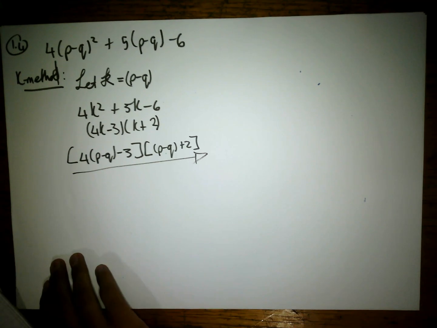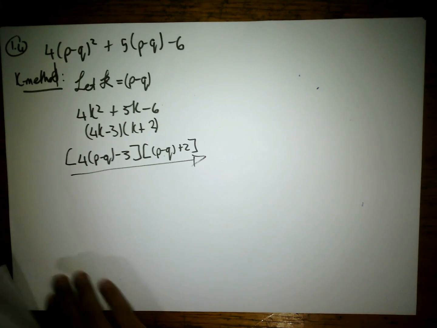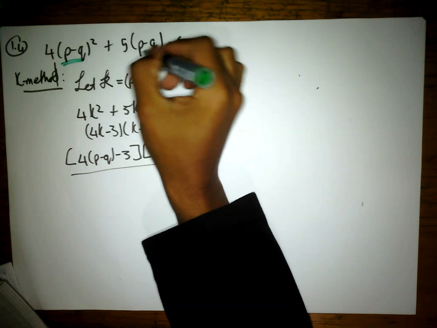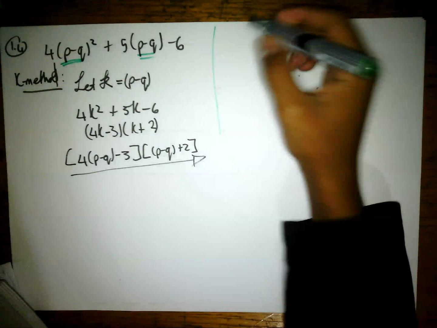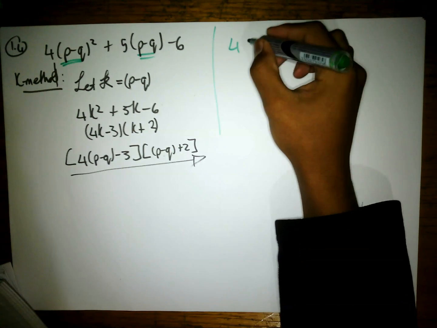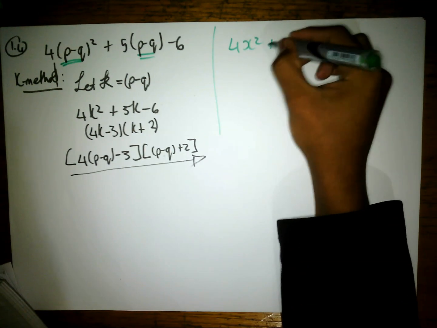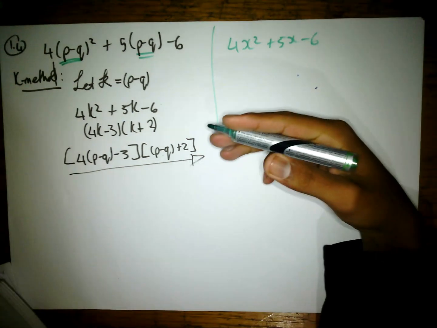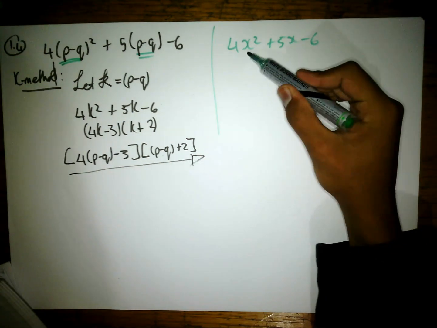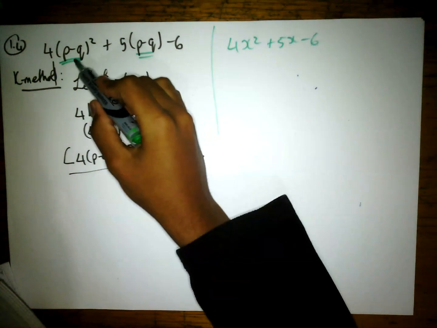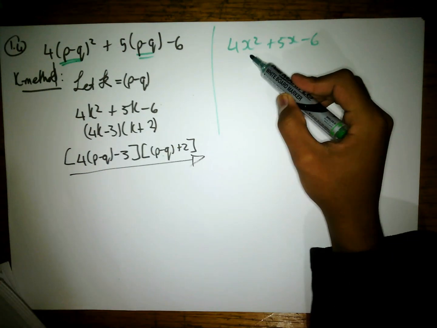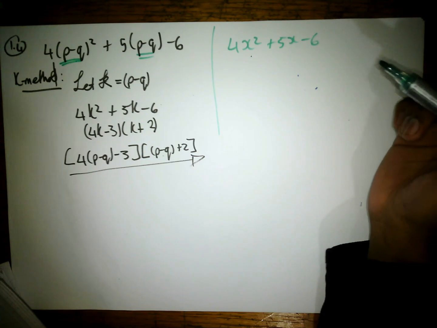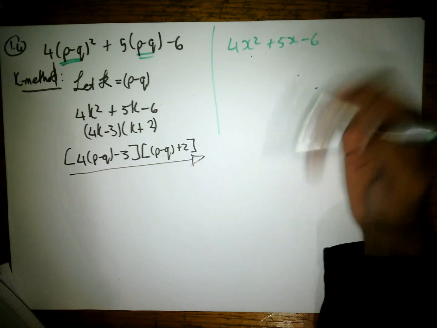When do you know when to use the K method? When you get the thing that looks like this, when you get letters like that, because normally we get a 4x squared plus 5x minus 6. All the K method is saying is, let's simplify p minus q with the x squared. So just make, instead of 2 letters, 1 letter. Yes. Because you can factorize without doing the K method.